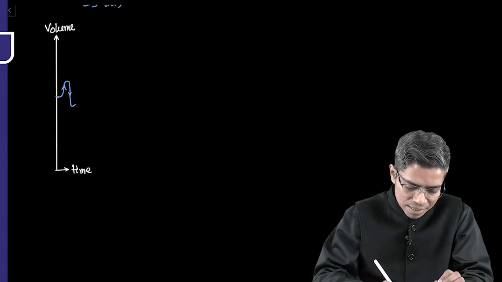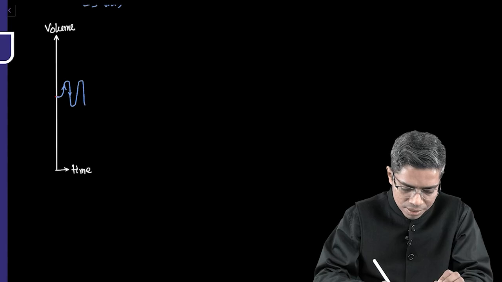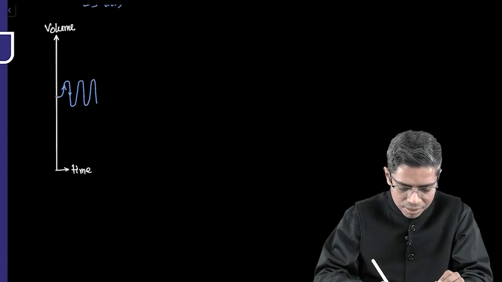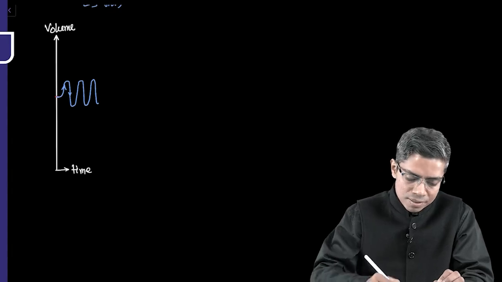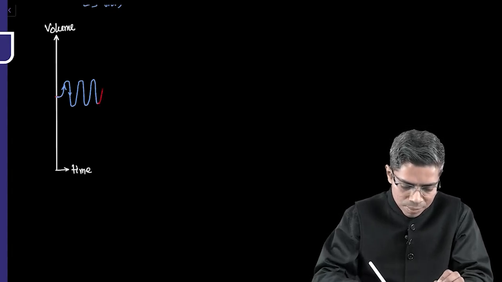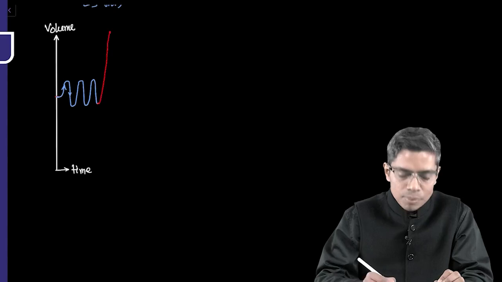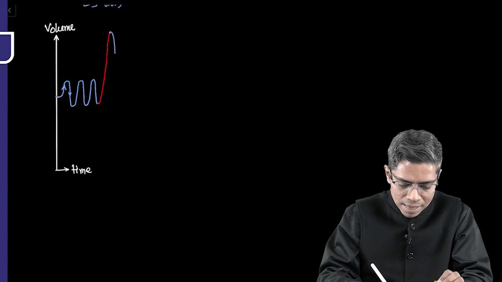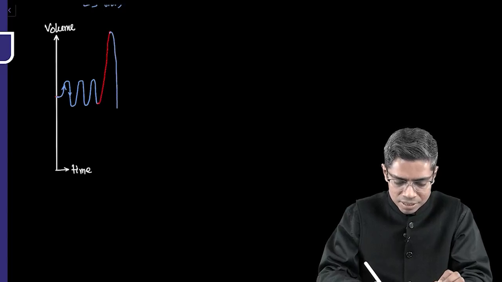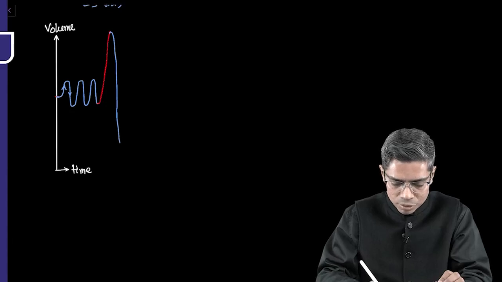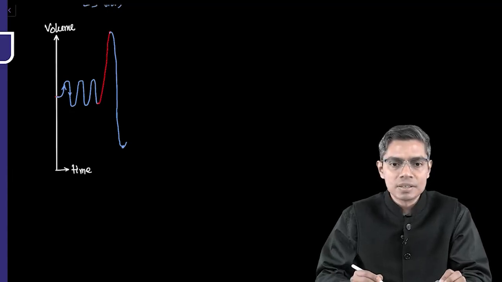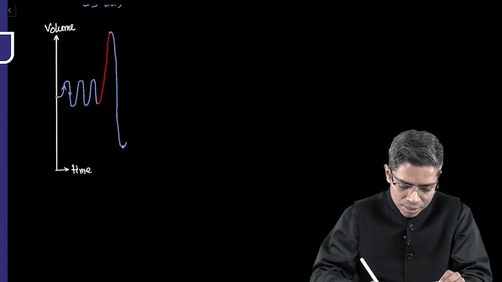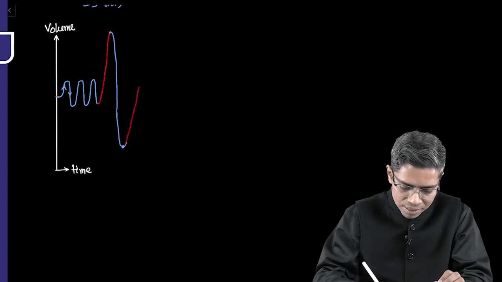Now you ask the subject to take a deep inspiration, so the curve moves upward, and then you ask the subject to do a forceful, maximum expiration. So the curve is going in the downward direction. This is the maximum expiratory point.